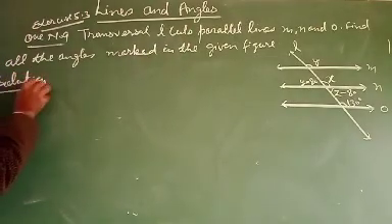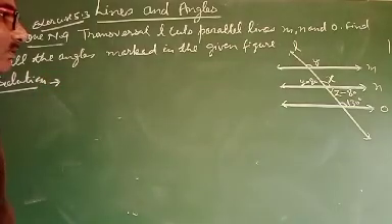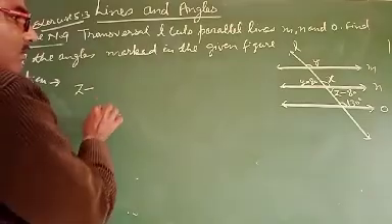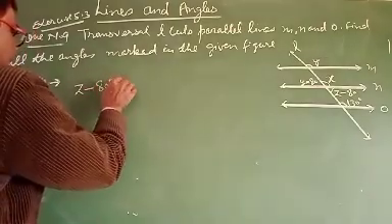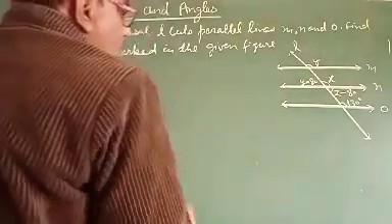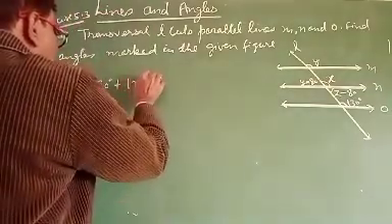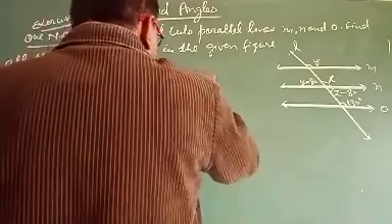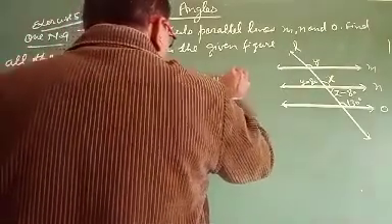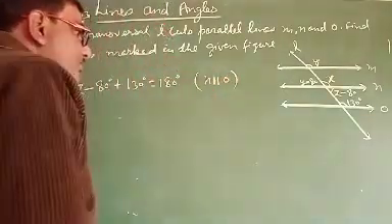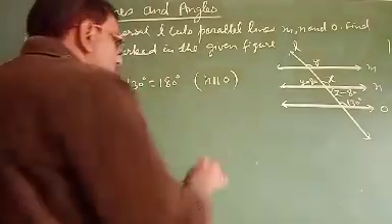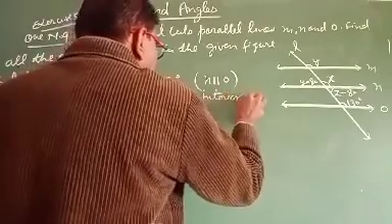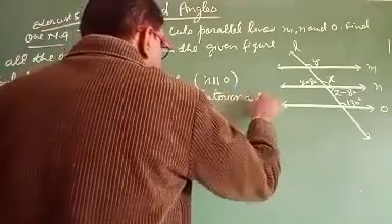Solution: Z minus 80 degree plus 130 degree equal 180 degree, because N is parallel to O. Interior angles.